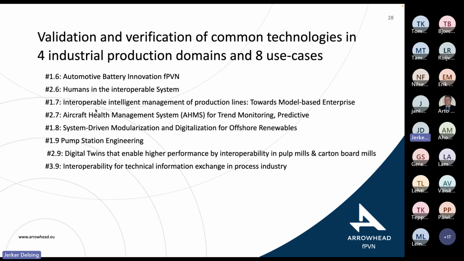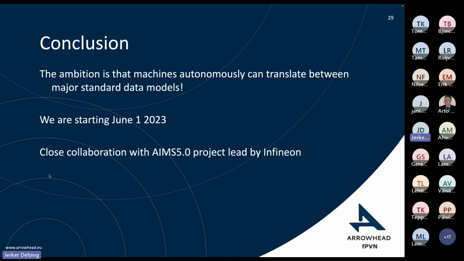The third, yeah, it's the aircraft, aircrafts or avionics domain. Then we have the energy, and then we have the process industry, and the last three ones. So we will test this in all these use cases and see whether we can validate that and where we can change these technologies and really achieve the impact that we're looking forward to.